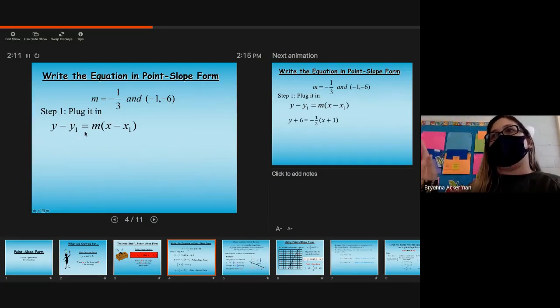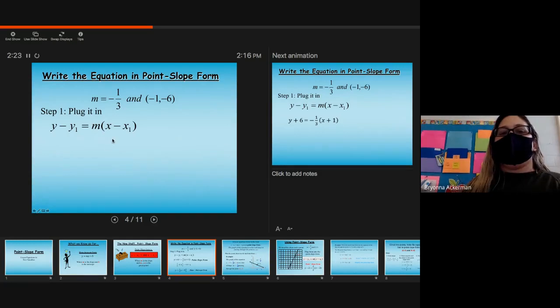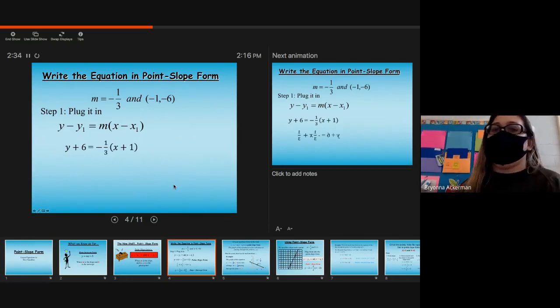But what happens with that double negative? It becomes an addition. So it'll be y plus 6 equals the slope. What is the slope in this case? Negative 1/3. Parenthesis x minus the x value. What's the x value? Negative 1. So it'd be x plus 1. Good. So you should get this. Okay?